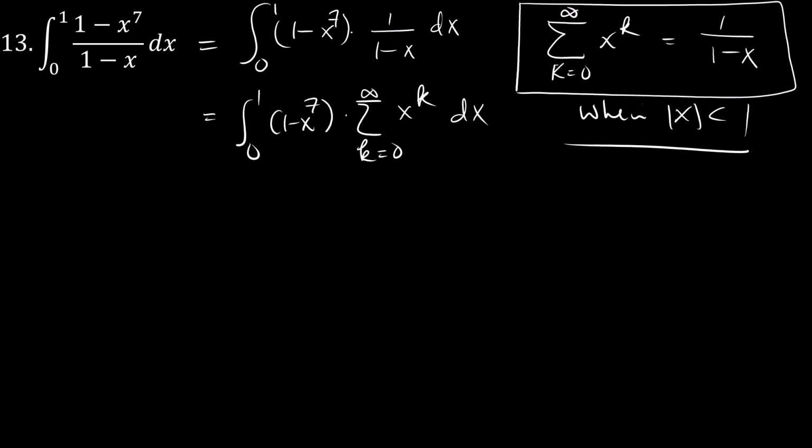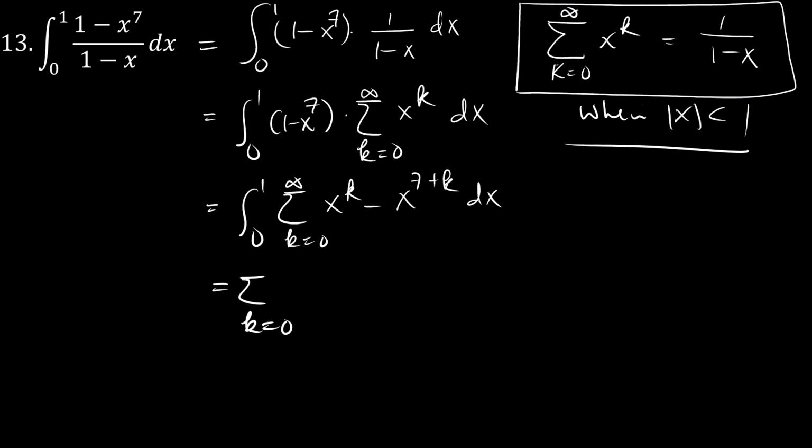Now what do we do? This is the same as x to the k, and we know that the integration of a sum of things is the same as the sum of the integration of the independent items. So we can decide to just reverse the signs.